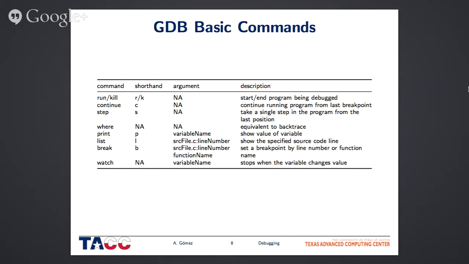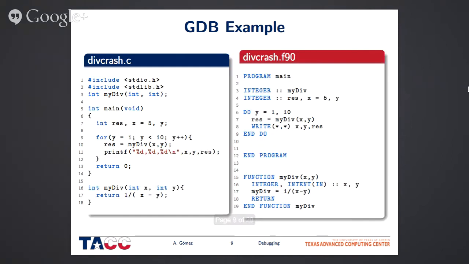So this is an example of GDB. In this code, you have it in Stampede in this part of our lab. You can see line 17 on the left, well, also on the right, there is a division. We are dividing 1 divided by x minus y. If you think about it, we have a potential problem there, which is when x and y have the same value.